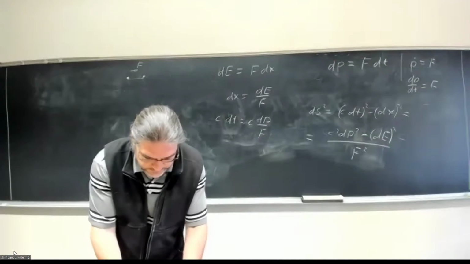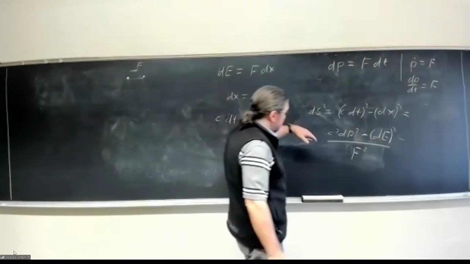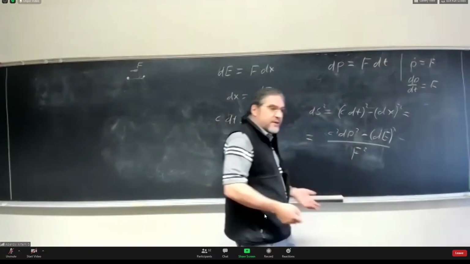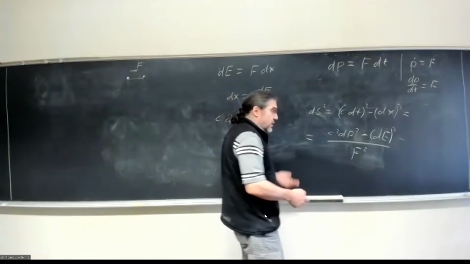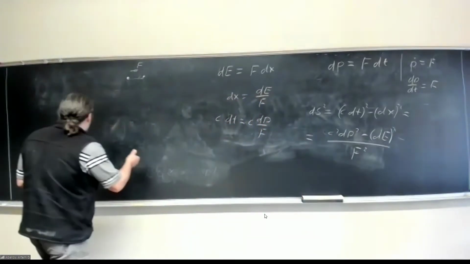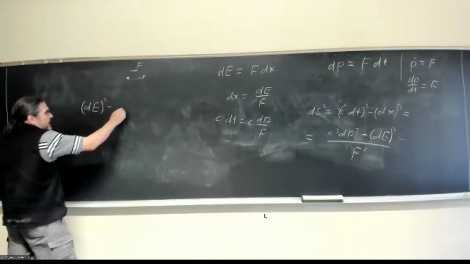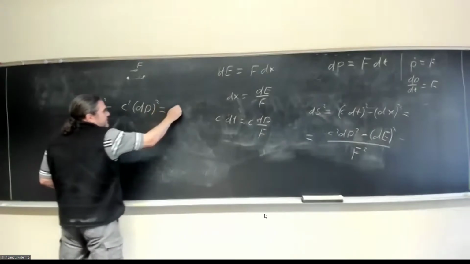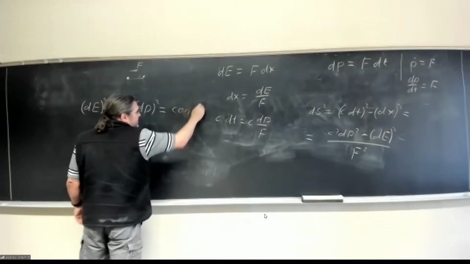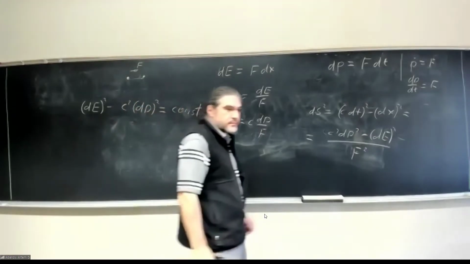All right. But that interval is the same in every frame of reference, right? So what I see from here then is that dE squared minus c squared dp squared must be constant for every frame of reference. Okay.